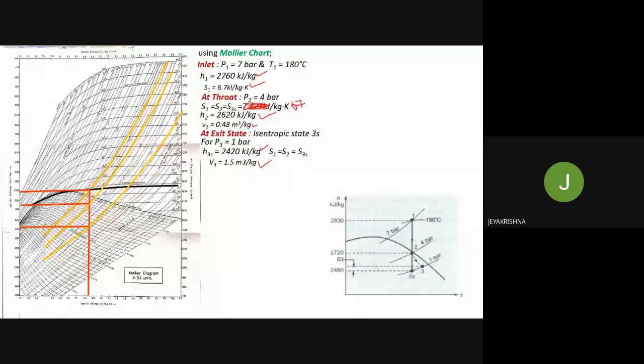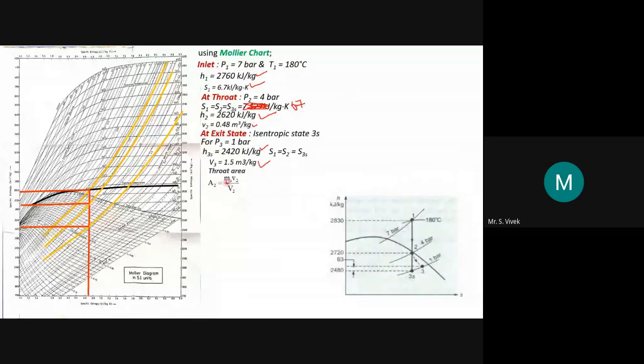H naught, yes, root of 44.72 into H naught minus H2 or H naught minus H3. If it is an exit case, the formula will be 44.72 into root of H naught minus H3. If it is throat, V2 is equal to 44.72 into root of H naught minus H2. That's it. Now here our objective is we have to find the throat area.